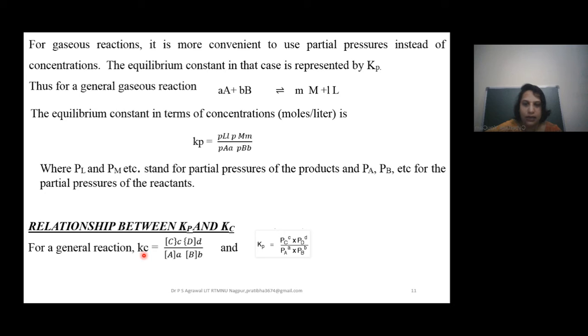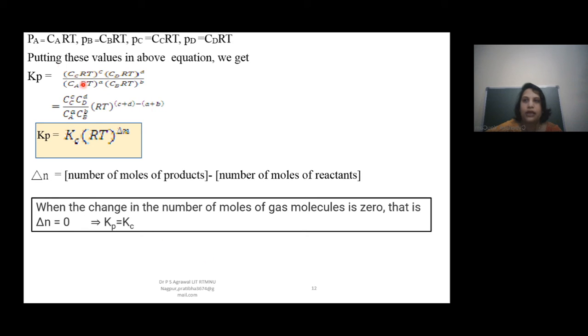We know that Kc, which we have just derived, is equal to the concentration of C, D, over A, B, with their powers. If the reactants and products are gaseous, then the concentration term is replaced by the partial pressure term. P is equal to concentration into RT.